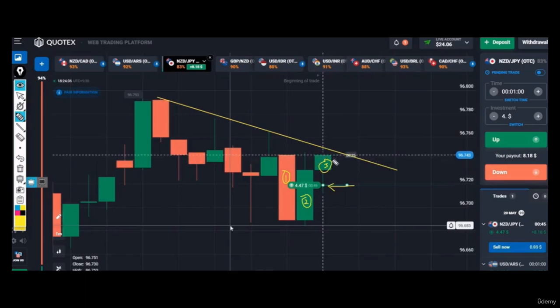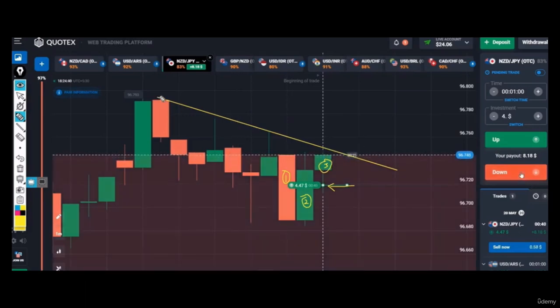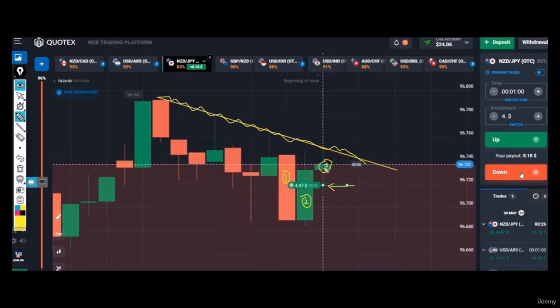And I have drawn a trend line here, right? When this candle reaches this particular zone, it will reject. Also there is room for the third candle to reach additionally beyond this first candle, right? That's why I confidently entered this trade.